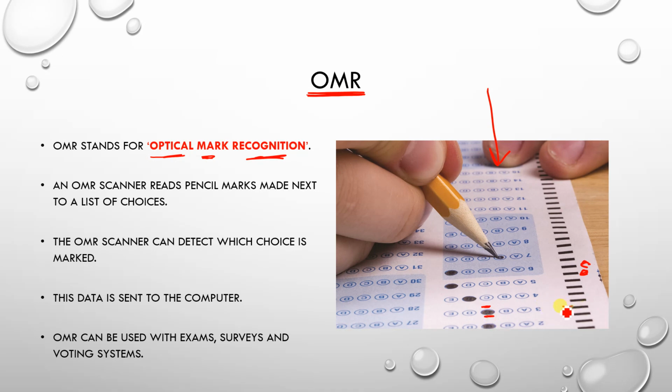So it will match up this and then read this, and then it will check to see if this answer here matches the answer it's supposed to be, and then it will mark it as correct or not, in an exam situation anyway. And again, it works on the same principle. It shines light onto the surface, and it can detect the difference in the light reflecting back into the sensor. Most likely you've seen them in exams, but they can be used in surveys and in voting systems too.